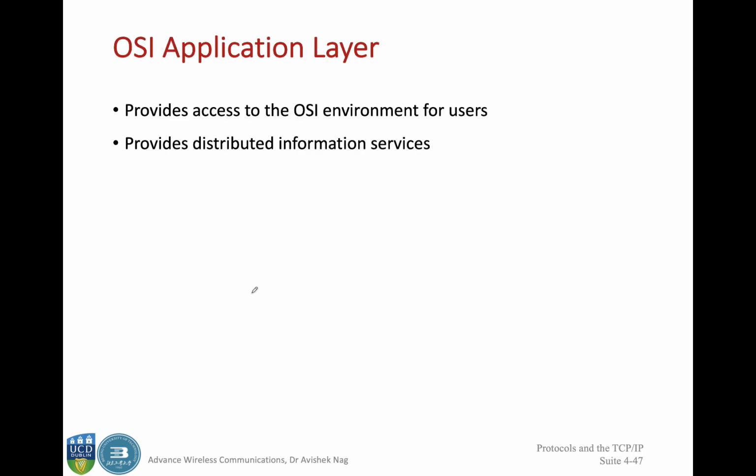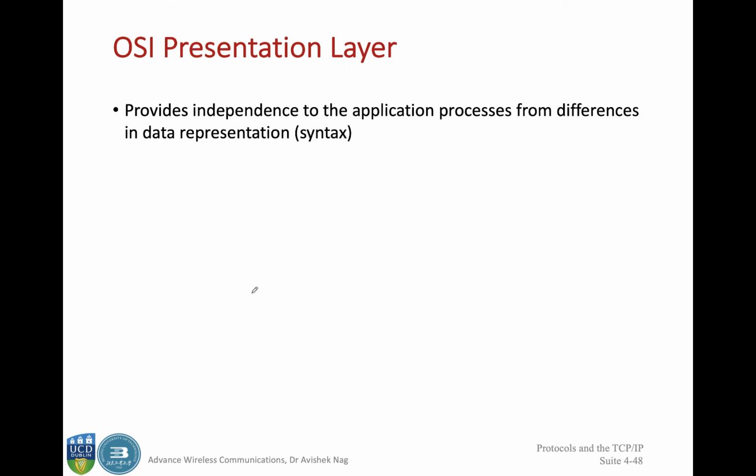The application layer is more or less the same in OSI and TCP/IP. It provides access to the OSI environment for the users. Users are directly connected to the application layer, both in TCP/IP and in OSI. Then the presentation layer is the new layer introduced in the OSI model.